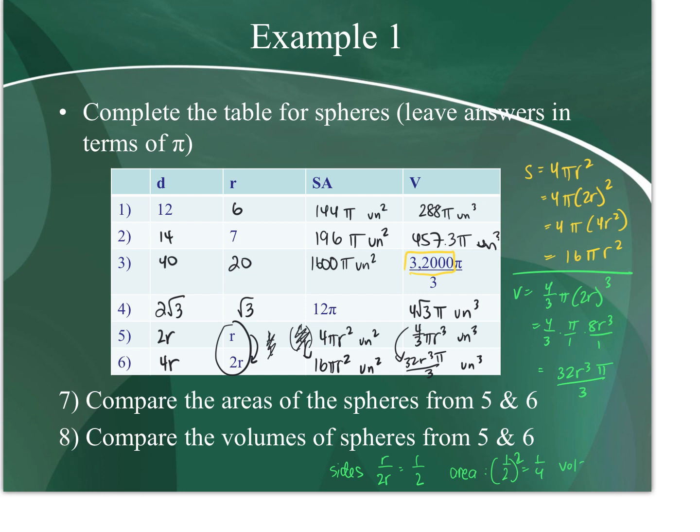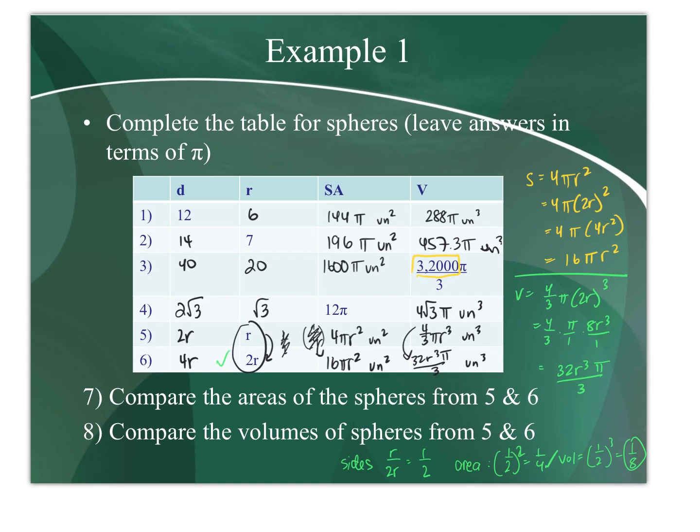And the volume, like we talked about in class with similar shapes, is going to be that relationship cubed, or 1/8. So the volume of the bigger one will be 8 times the volume of the original. The area will be 4 times the original, okay?